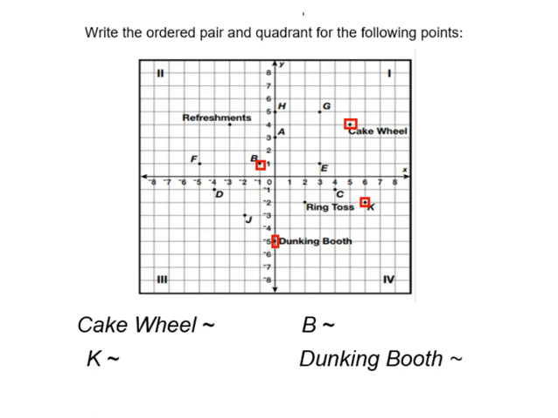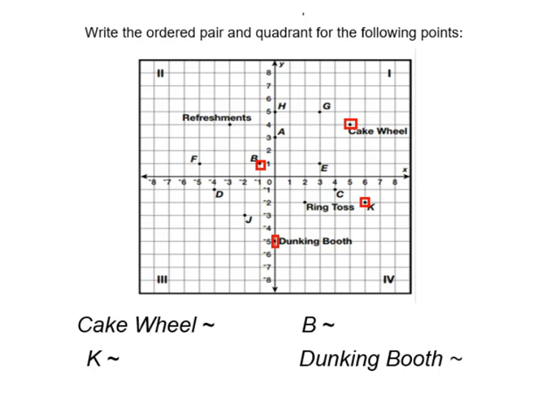So we have our coordinate plane and we are looking for the ordered pairs for the cake wheel, the letter B, K, and also the dunking booth. As well as the ordered pair, we also need to tell what quadrant it's in.